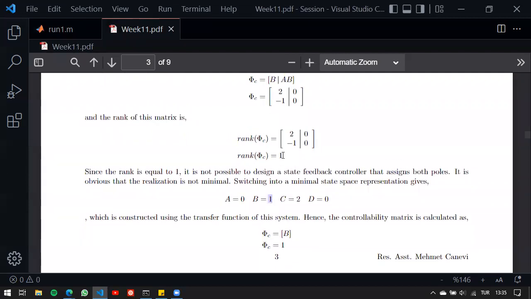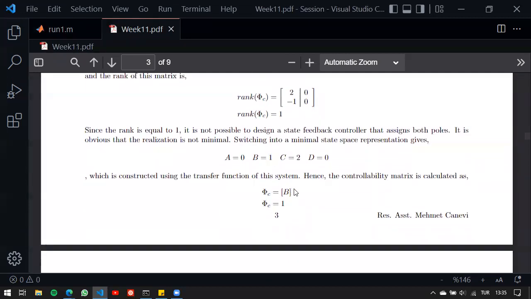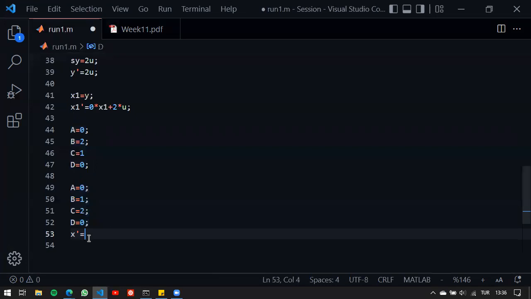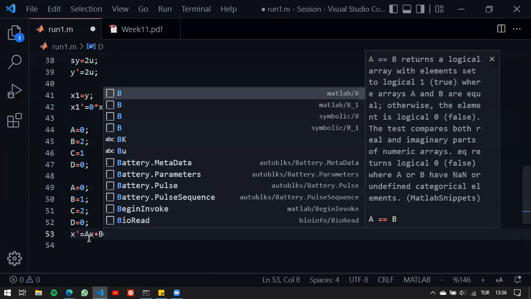Now, you can see that if we use the controllability matrix with a newly defined state space model, we'll have just B, and B is not equal to 0, which means that we can affect the system, which is again important because we have x dot equals Ax plus Bu.